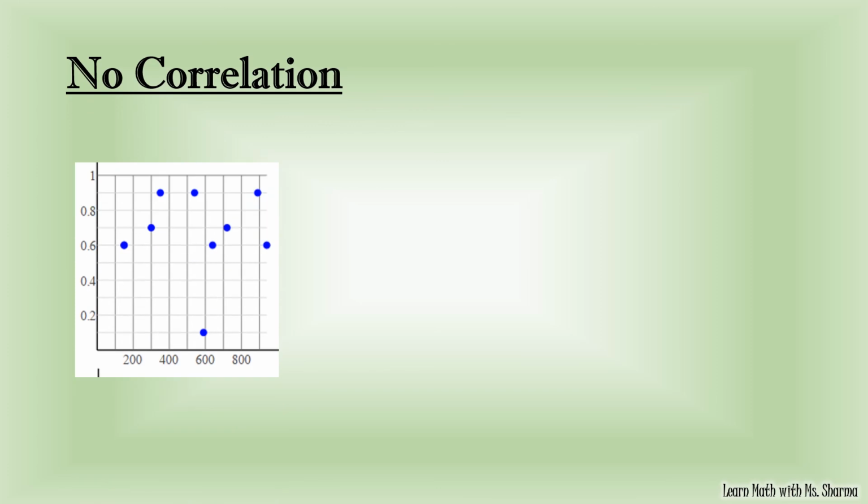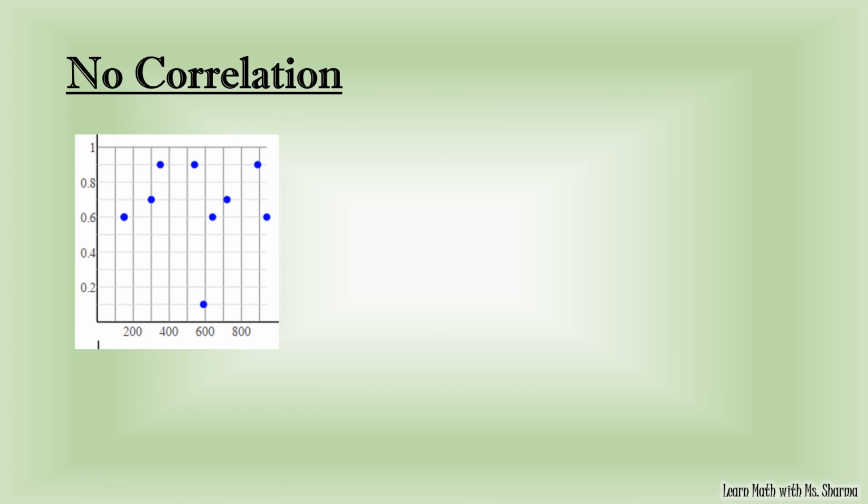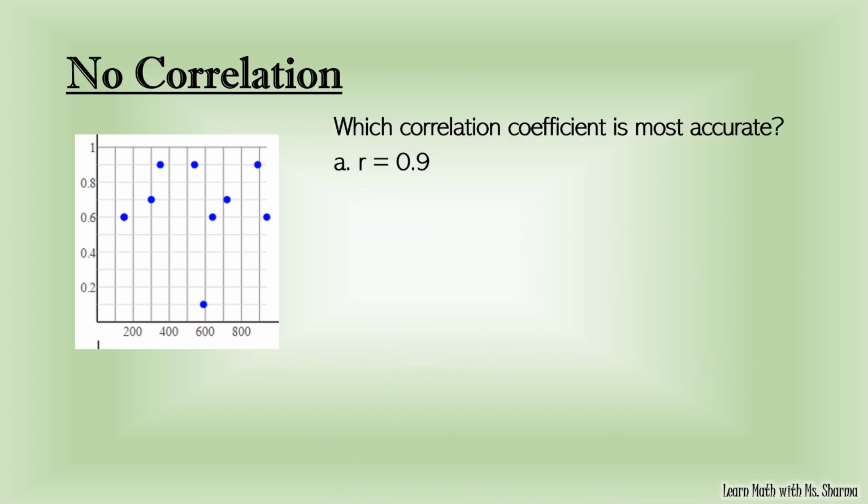No correlation. With no correlation, data are scattered all over, so the R value must be close to 0. Which correlation coefficient is most accurate? R equals 0.9, R equals negative 0.07, R equals negative 0.9, R equals 0.07, R equals 0.007.